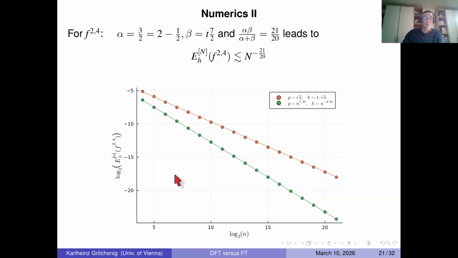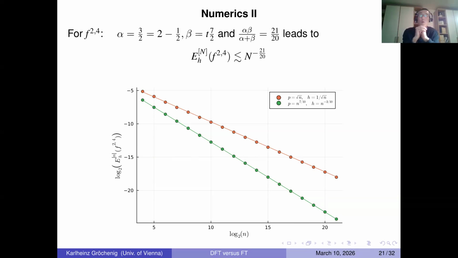So let's just do an example. That should be convincing. But let's read this from a different point of view. If you say, I want an error 2 to the negative 15, so that's about 5 to 6 digit accuracy. Now on this plot, if you go here, that tells you I need about 2 to the 12. So that's roughly 4,000 samples with the optimal choice of parameters. If you do the symmetric choice of parameters, you need 2 to the 17.